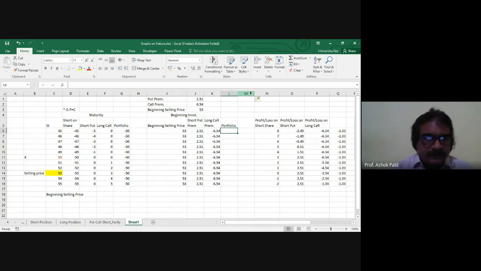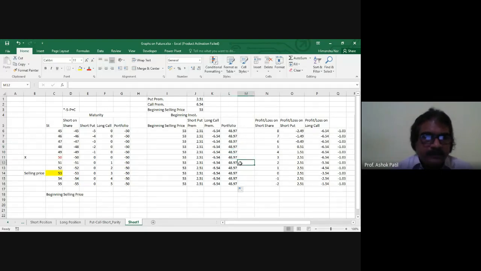So just add equal to... So now you can see my investment, beginning investment in the portfolio is 48.97.